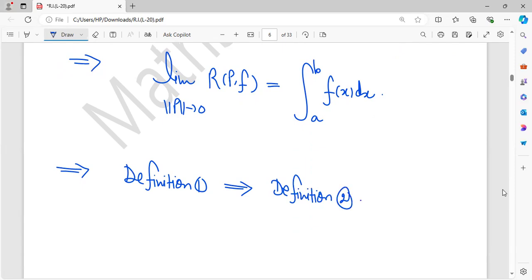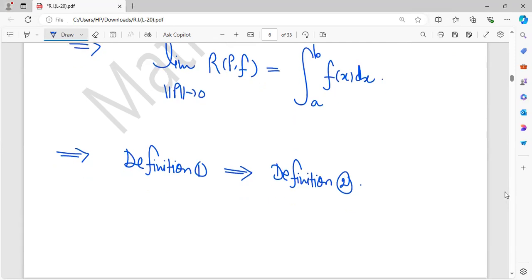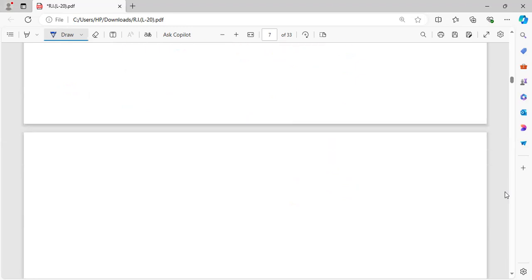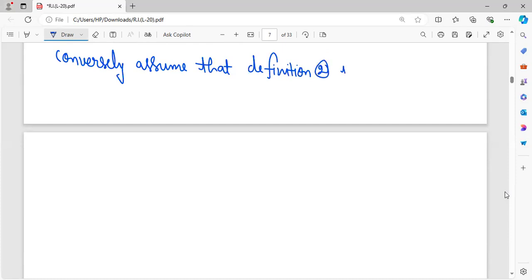Now conversely, one direction is done, that definition 1 implies definition 2. Now we'll show that definition 2 implies definition 1. Conversely, assume that definition 2 is true.